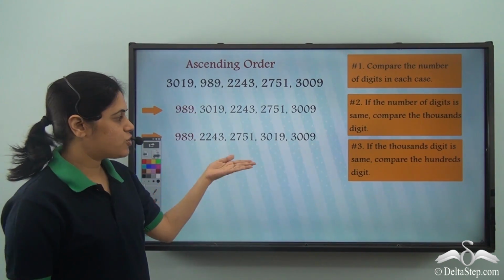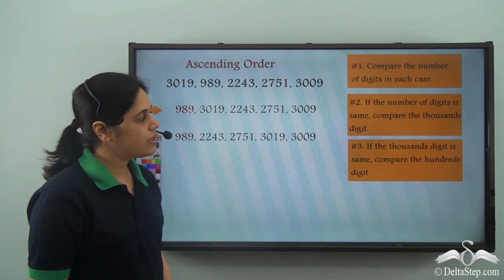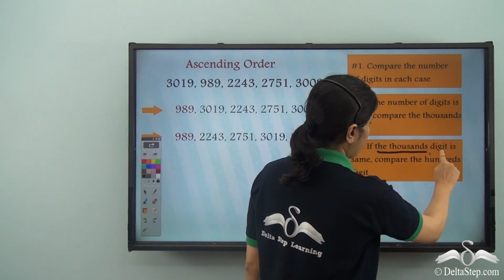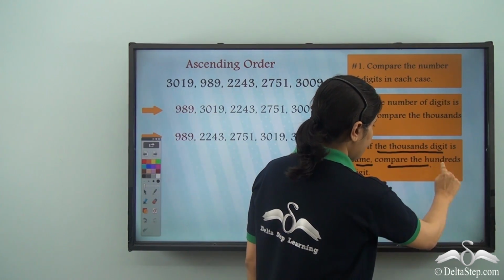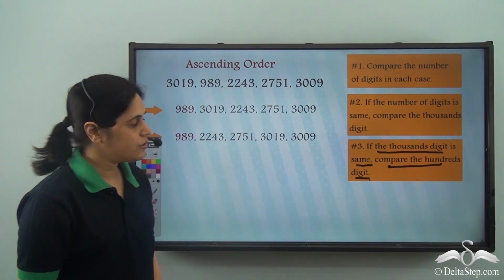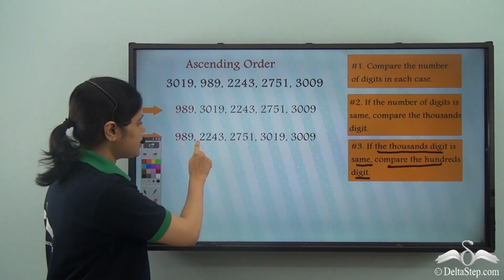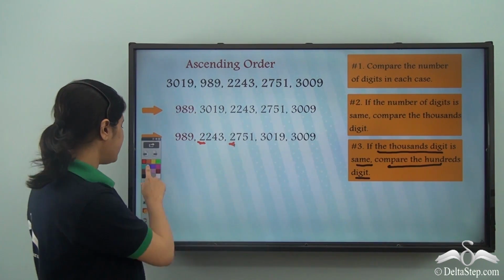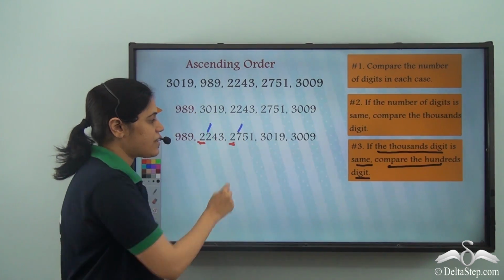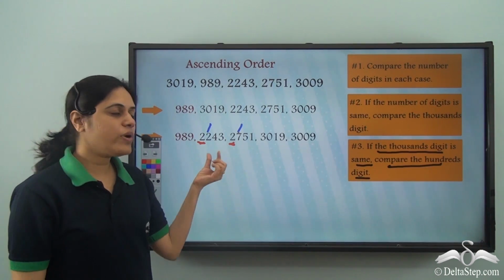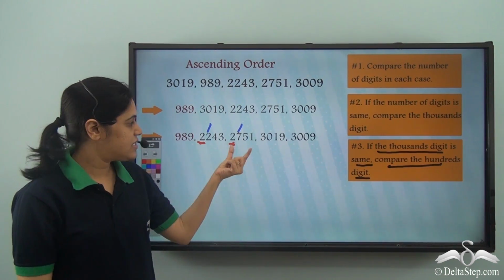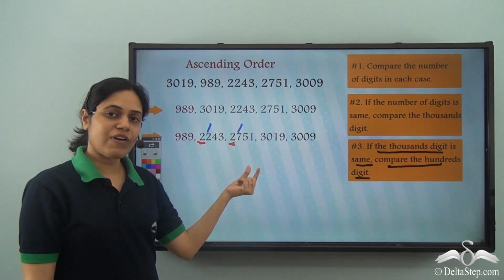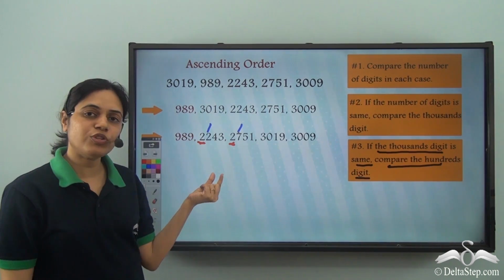Now I need to go to the next trick, which is if the thousands digit is the same, compare the hundreds digit. So in these, I see that the thousands digit is the same. So I need to compare the hundreds digit, that is 2 and 7. Now between 2 and 7, which is greater? 7. So 2751 will be greater than 2243.